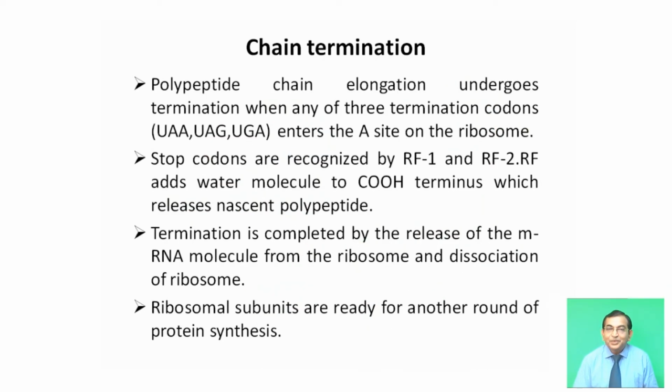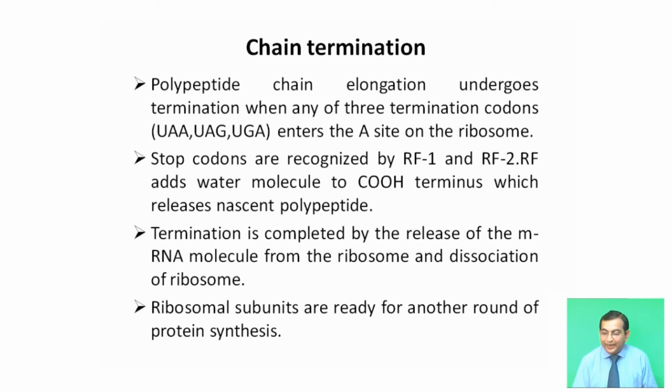So we can summarize this chain termination as follows. Polypeptide chain elongation undergoes termination when any of the three termination codons, UAA, UAG and UGA, enters the A site on the ribosome. Stop codons are recognized by release factor 1 and release factor 2.